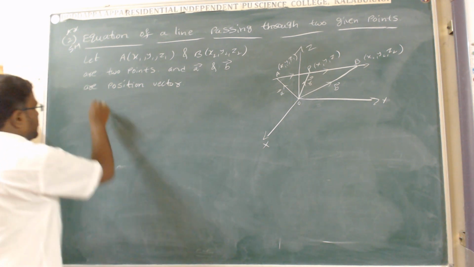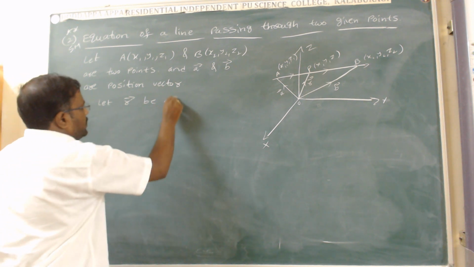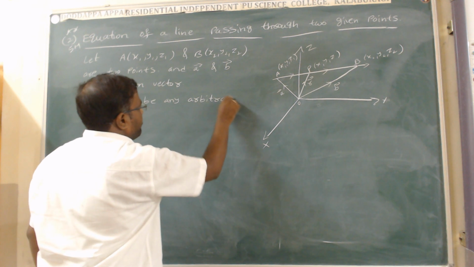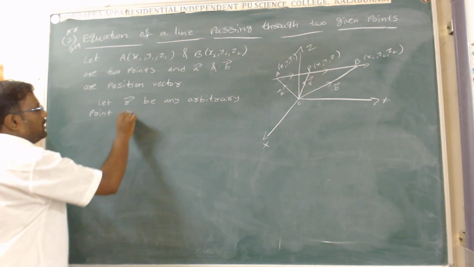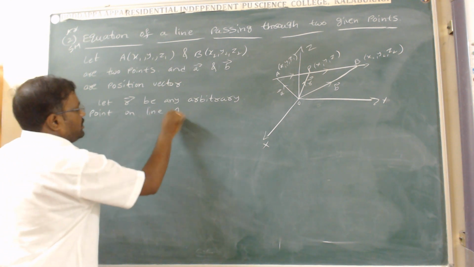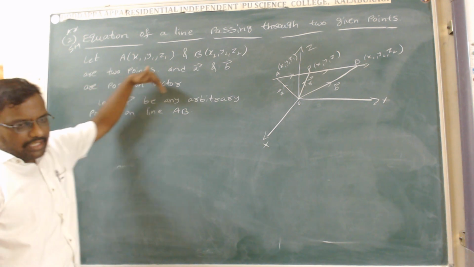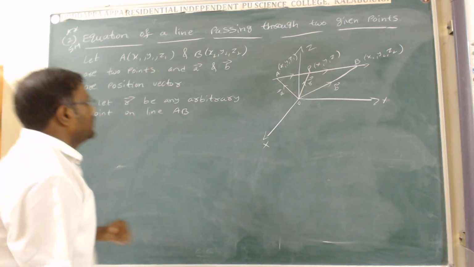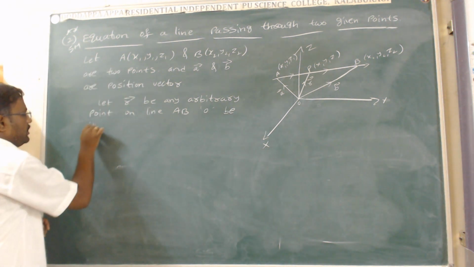And take next, let vector R be any arbitrary point on line AB, and O be the origin.